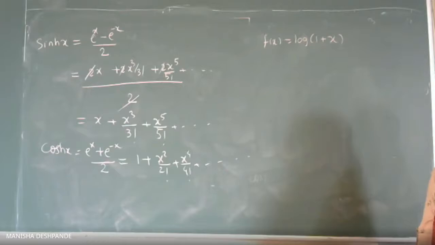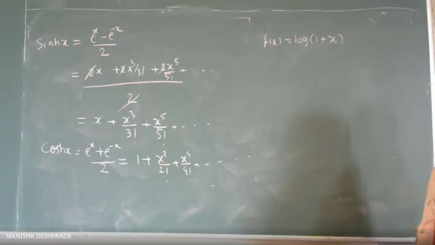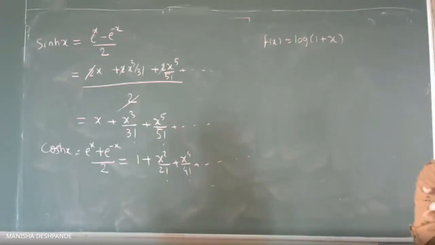Ma'am, so defining these trigonometric functions on hyperbola, does that mean that the way we define them on a circle, it is just defined on hyperbola? Not necessarily hyperbola. It is the curves which are there. e raised to x plus e raised to minus x. If you try to see this curve, when you extend e raised to x and e raised to minus x, you can see that it's just like a parabola cutting and then going down.